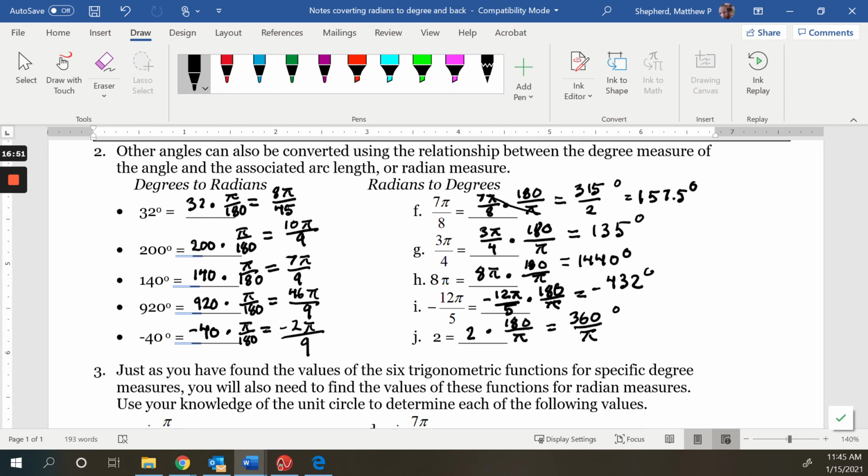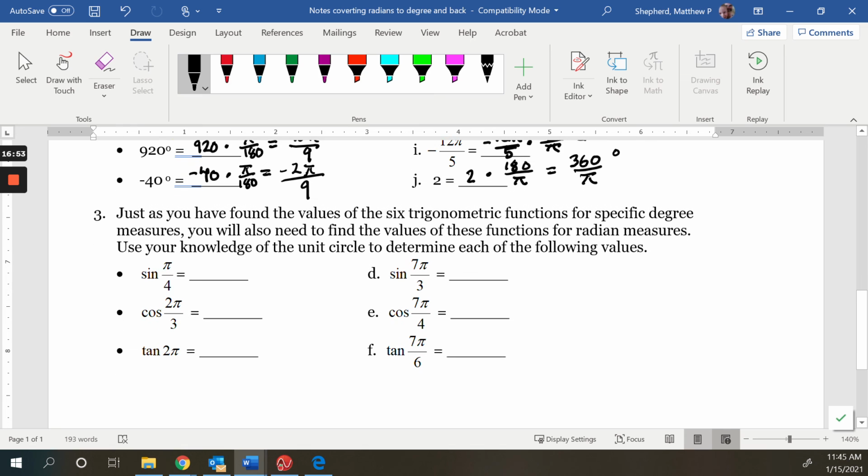Okay? All right. So the next thing we want to talk about is, just as we have found the values for the 6 trigonometric functions in a previous lesson for specific degree measures, for example, if I am doing cosine of 180 degrees, that should be negative 1, we also want to be able to find those values using radian measures.